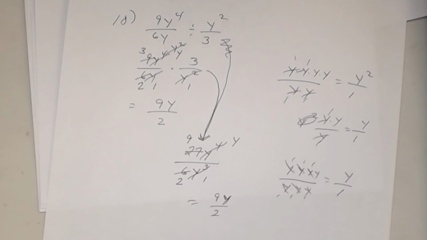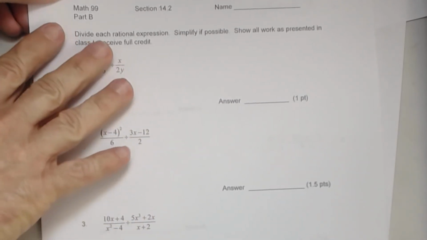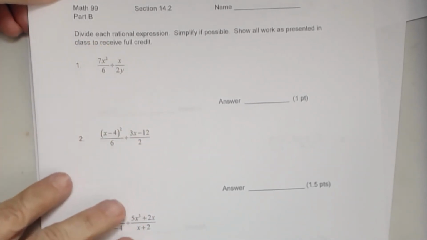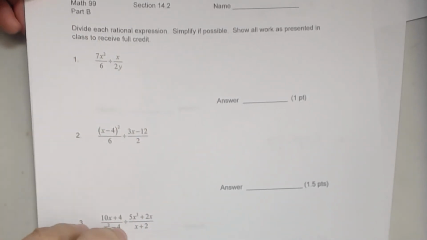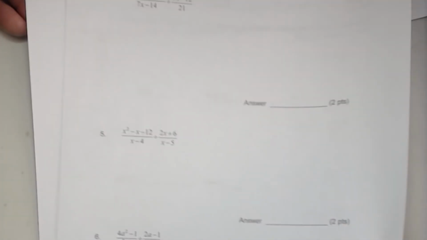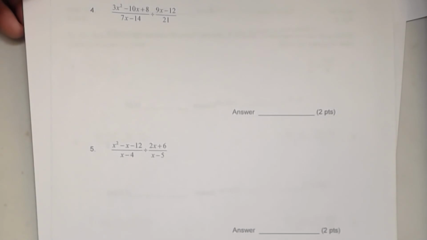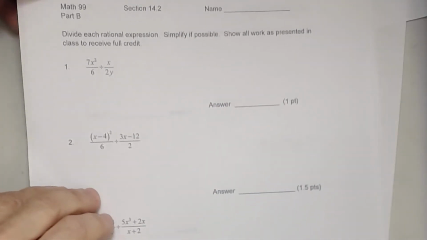Part B deals with division. So step 1 is going to always be what? Change to multiplication. Okay? And then when you change to multiplication, it becomes like part A. All right, any questions? So there's only 2 worksheets on 14.2.